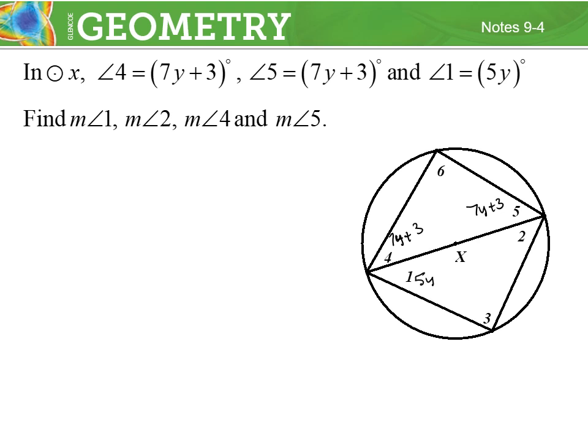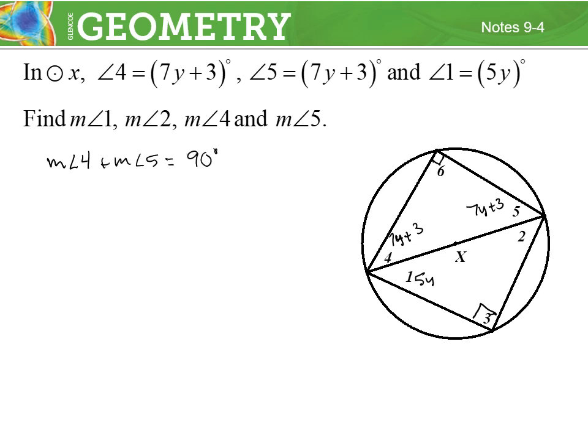Since angle 6 is an inscribed angle that intercepts the diameter also, we know this is 90 degrees and that's 90 degrees. So the sum of those acute angles in each of those triangles is going to be 90 degrees. So I can set that up for angle 4 and angle 5. The measure of angle 4 plus the measure of angle 5 has to equal 90 degrees.